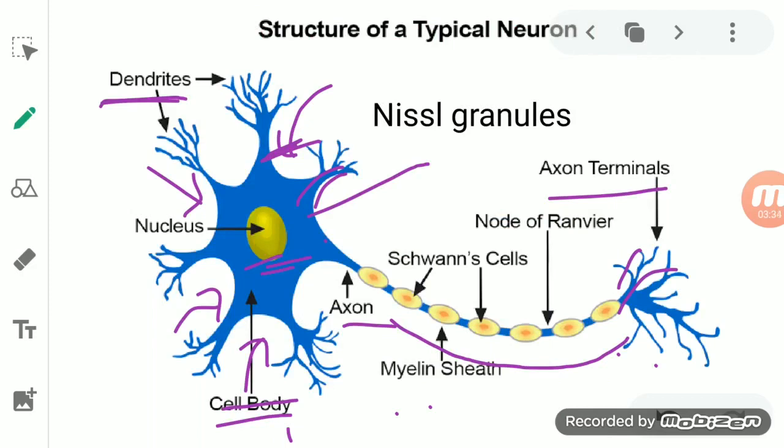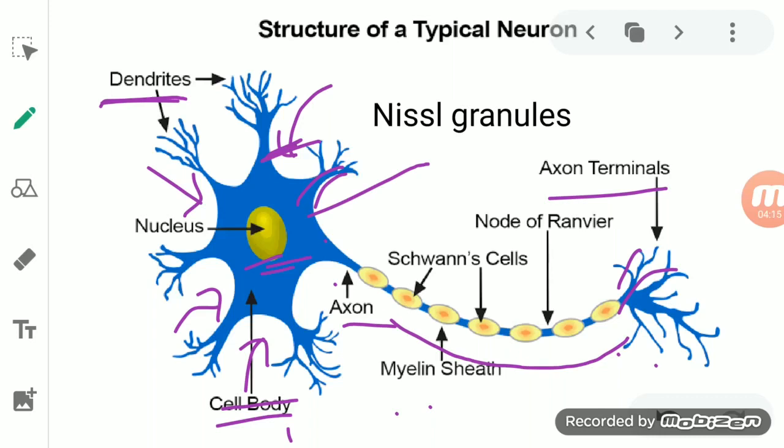So you see the three parts. The first one is the cyton or the cell body consisting of the nucleus and cytoplasm. Then from this cytoplasm, short processes arise, and finally they branch into dendrites. The axon is a long cylindrical process which comes out from the cyton itself, and it branches terminally, which we call the axon terminal.